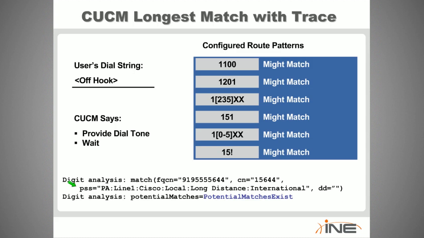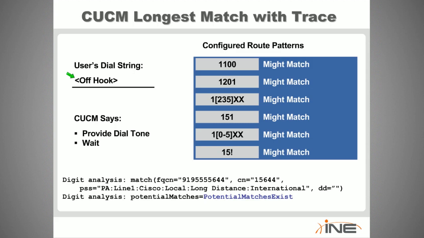So PSS are the partitions within the search space. Here we see that this user has partition PA, line 1, partition Cisco, partition local, partition long distance, and partition international. Within all of those partitions can be searched for the DD, the dialed digits.